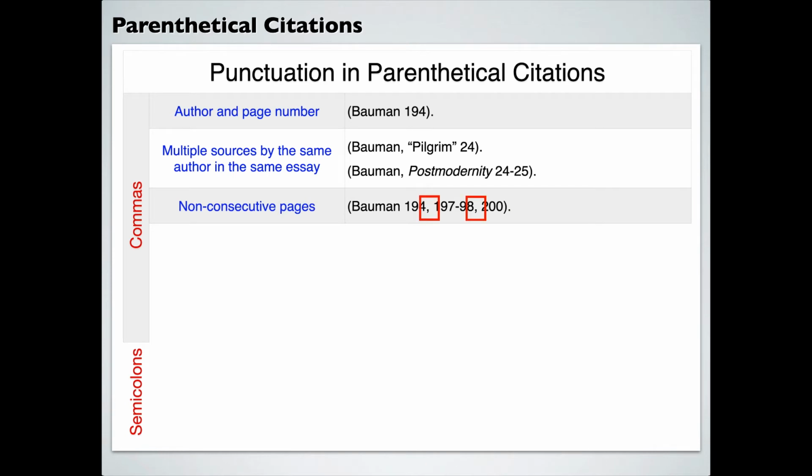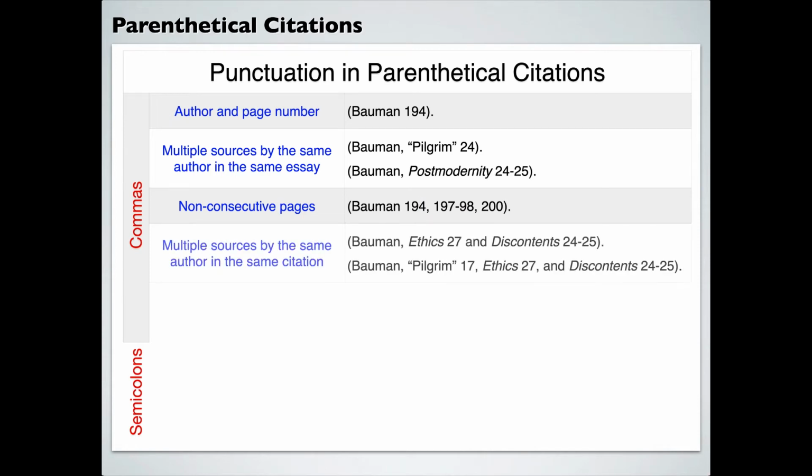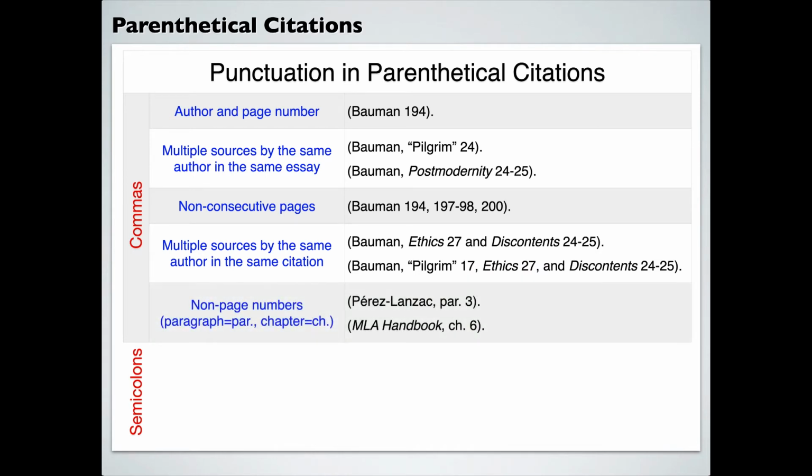Use commas to cite non-consecutive pages from one source. Similarly, use commas to separate the titles of multiple sources by the same author in the same parenthetical citation. To cite a location other than a page number, such as a paragraph or chapter, use a comma to separate the author or source from the location.